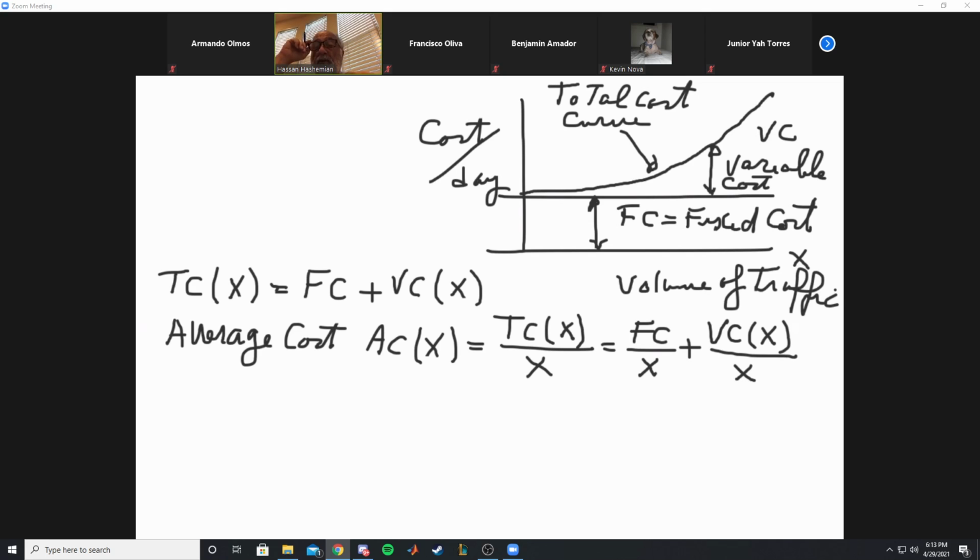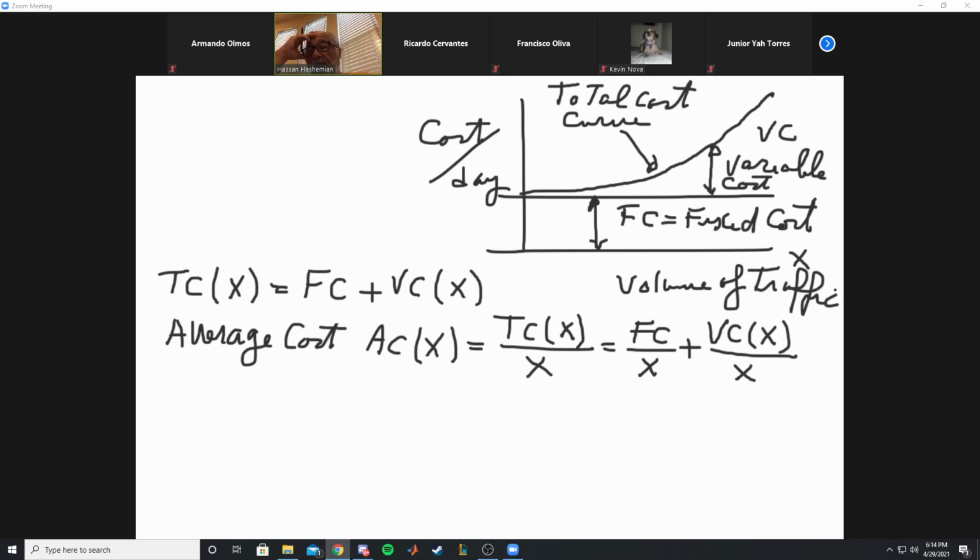So what would be your total cost? $1.20, correct? $1.20 is your total cost.